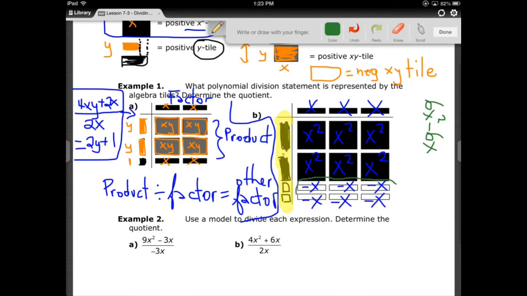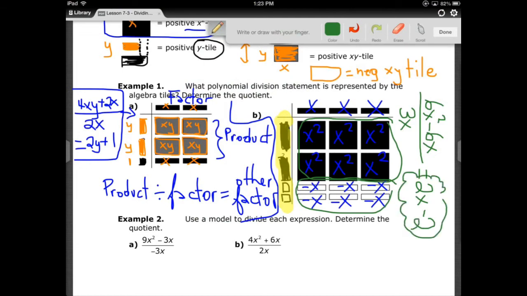So that's just me counting them up, just looking at what we have. Here we go. If you divide that, so I'll do a division sign, divide by 3 x's, then the other factor must have been 2x minus 2. There you go. There's our answer. So we can just look at what we saw over here.